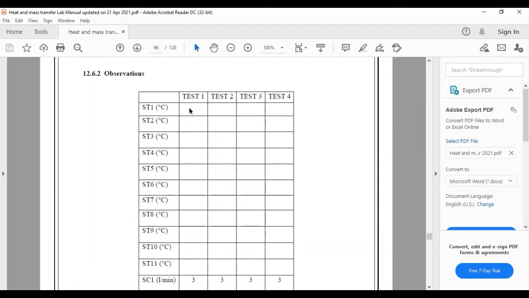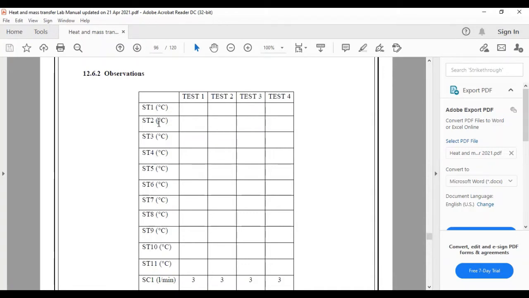So we will use the operators, and we will measure the values of all of these temperatures. As I already mentioned, ST1, ST3, ST5, ST7 are all temperatures related to the hot water flow at different points.